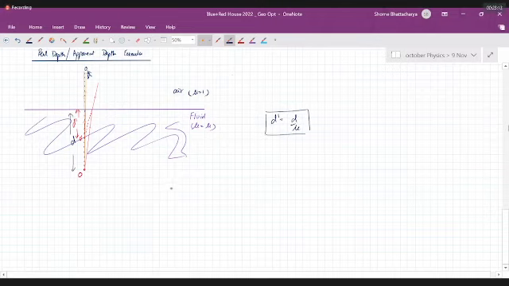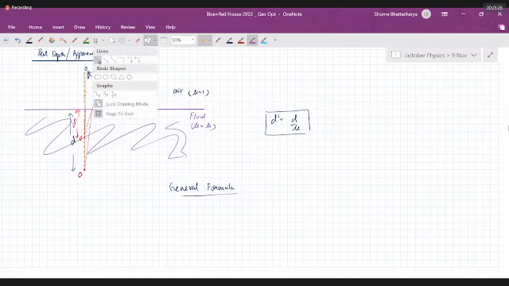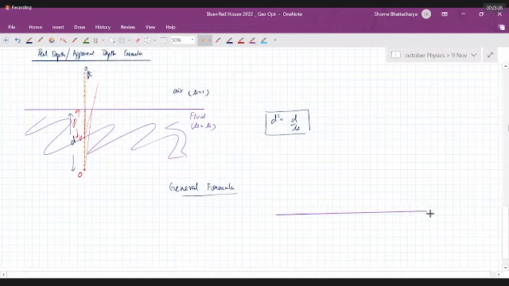Okay. So now we can generalize this formula, where we consider two refractive media, not necessarily water to air or some fluid to air.